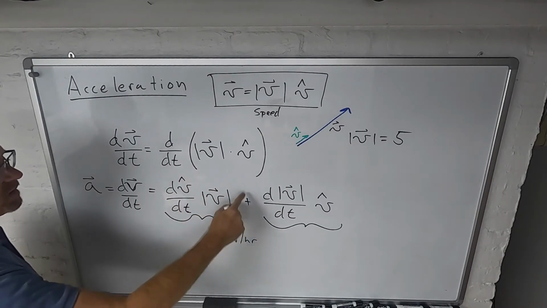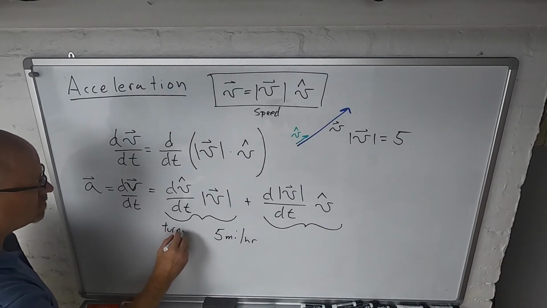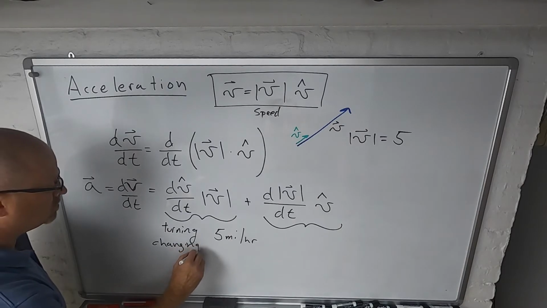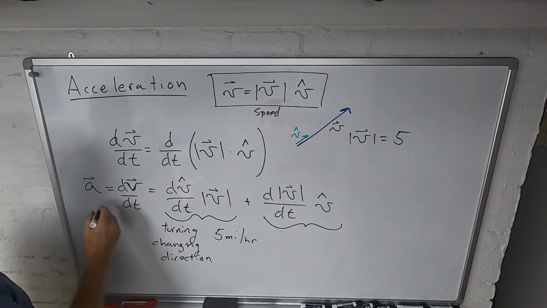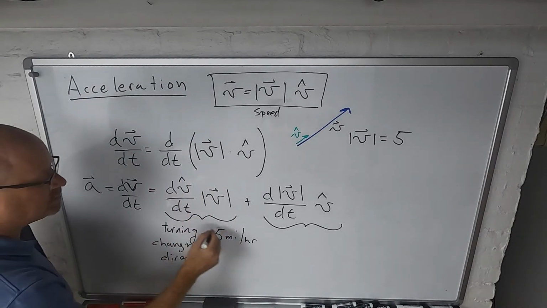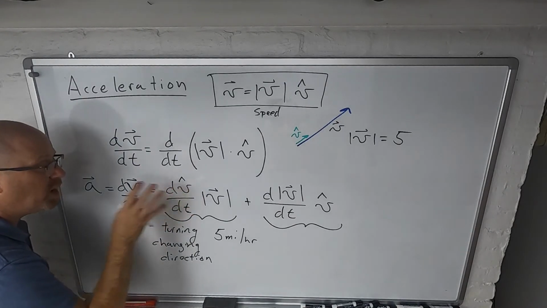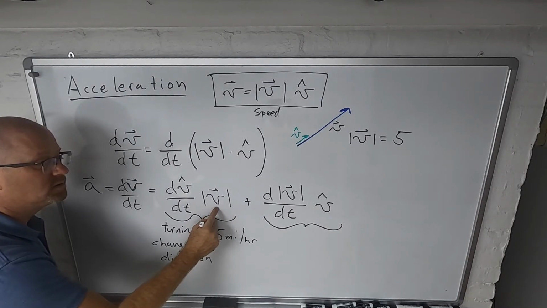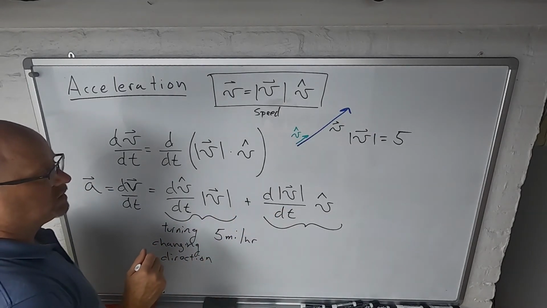So this part is 0 if I don't turn. So this would be turning. Changing direction. That means that acceleration has a piece that keeps track of whether or not you're turning. So there's a component of acceleration that keeps track of how fast you're going and if you're changing your direction.